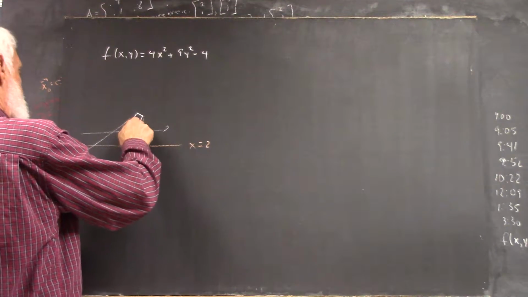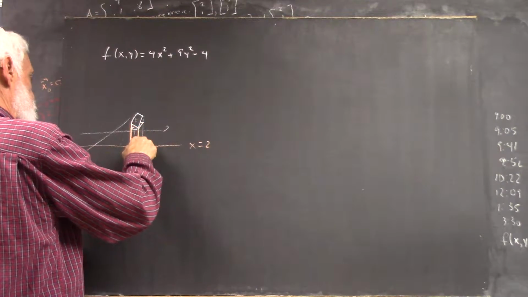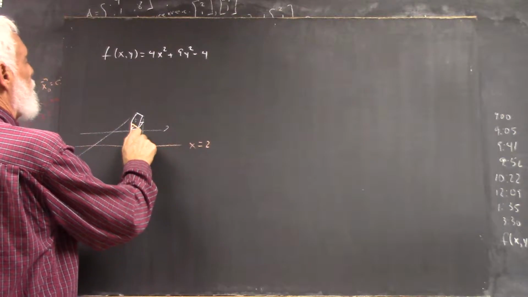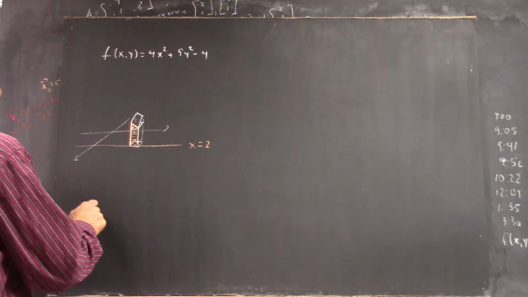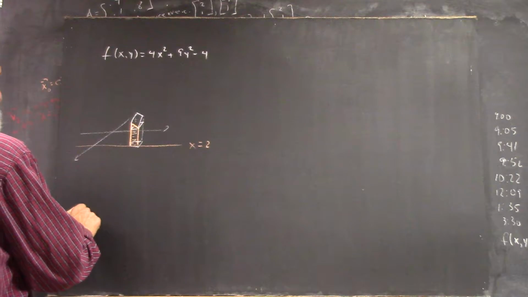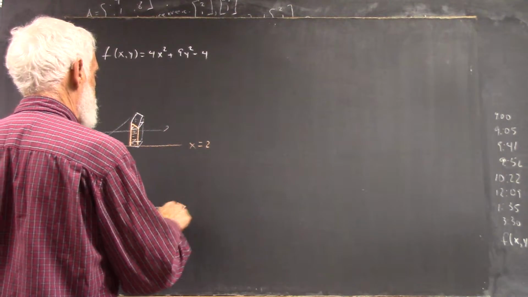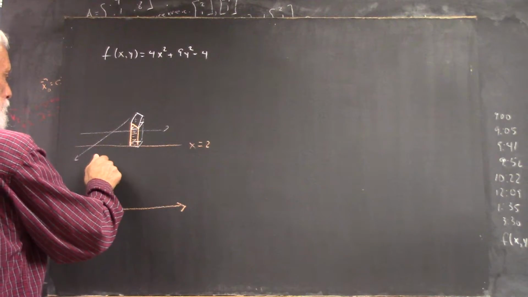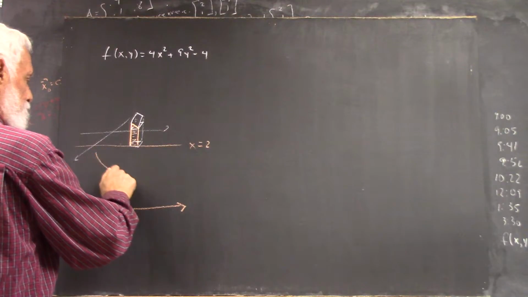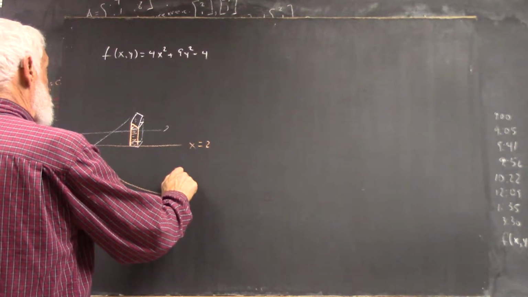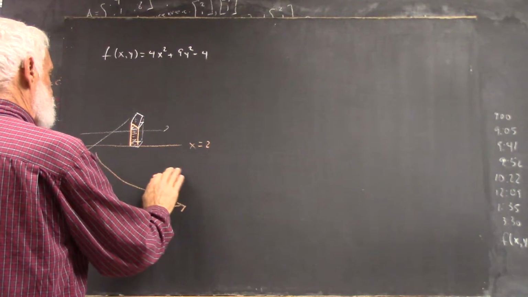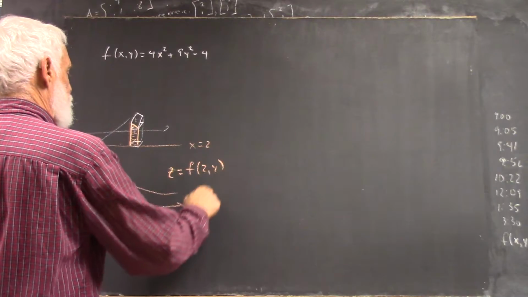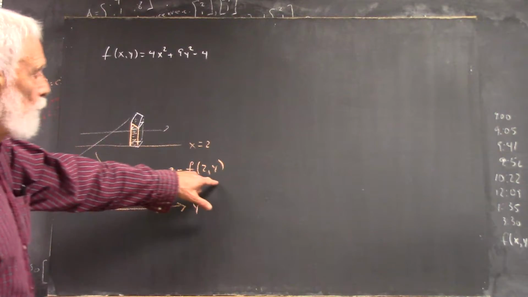Then, and we've seen this face here is an approximation to z equals the function f of 2, y.